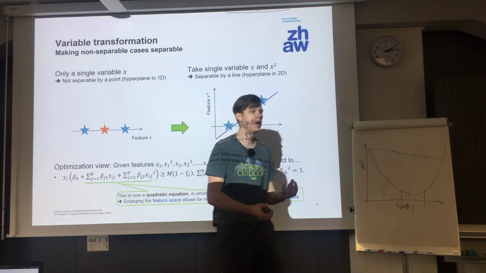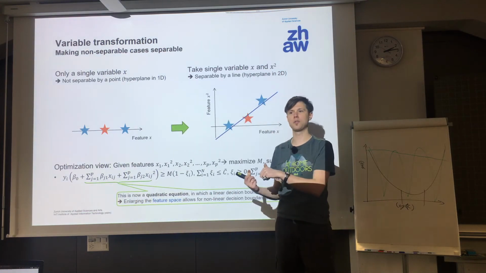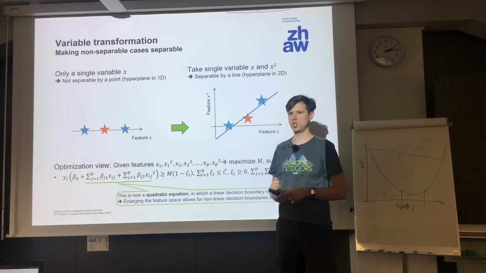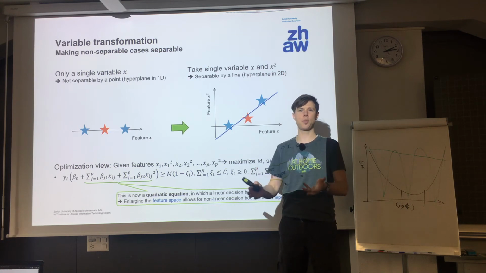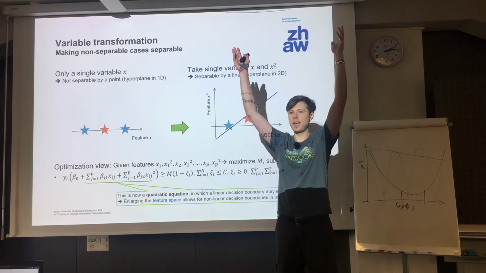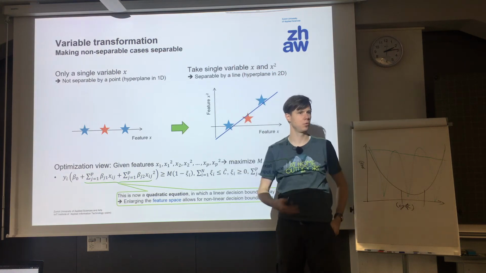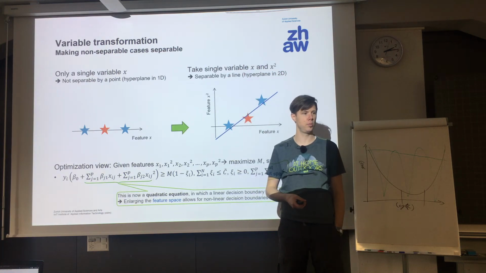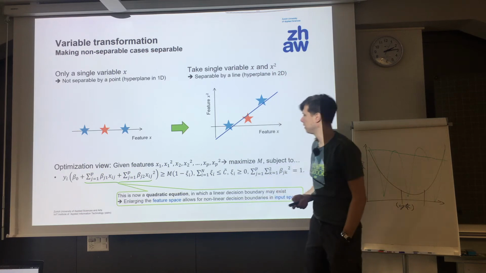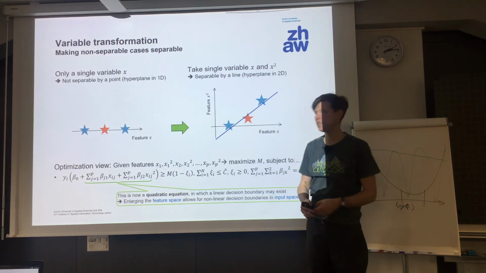So the only thing we add to the support vector classifier in order to arrive at a support vector machine is to add this scaling up to a higher dimensional space in which we assume the data will be linearly separable. That's the idea. How can we do that automatically?